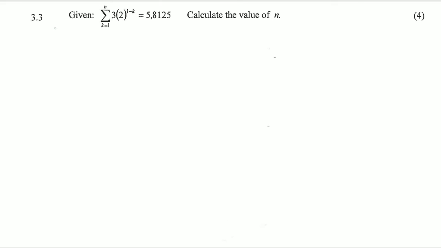In question 3.3, we're given the sum from k equals 1 to n of 3 times 2 to the power 1 minus k is equal to 5,8125, and we need to calculate the value of n. This is just a series written in compact form using sigma notation.